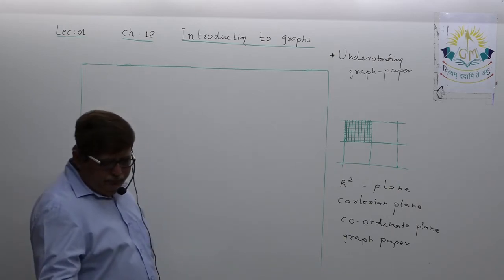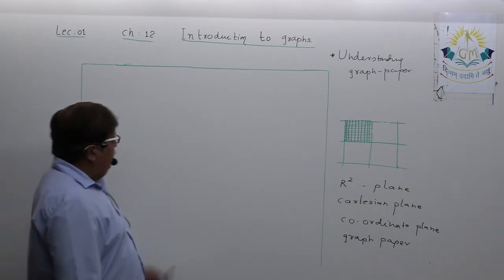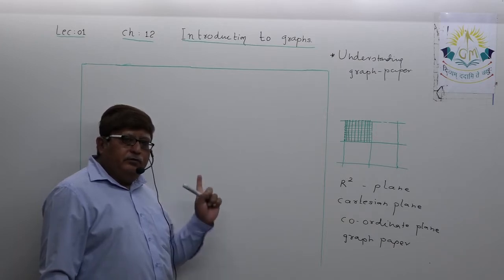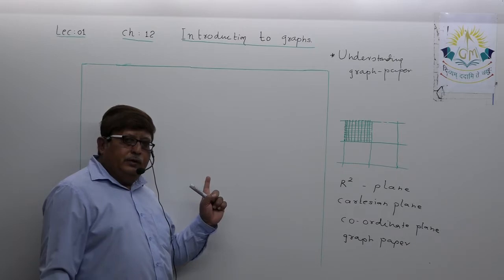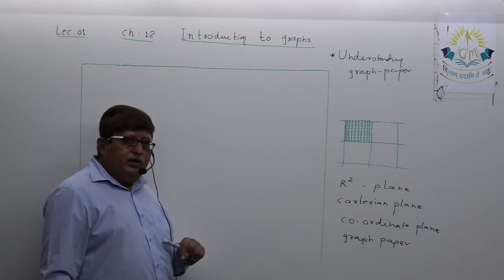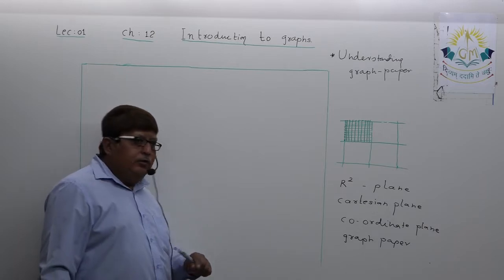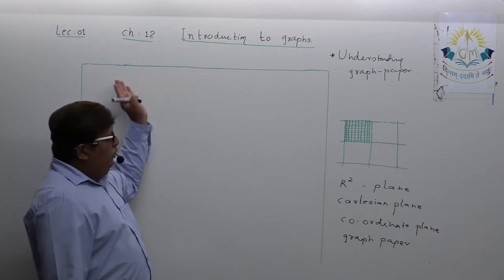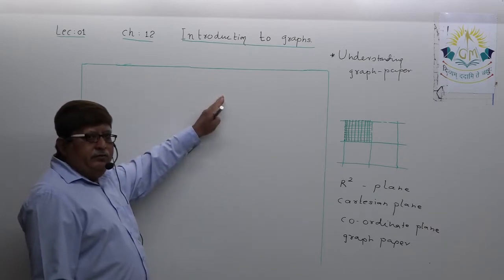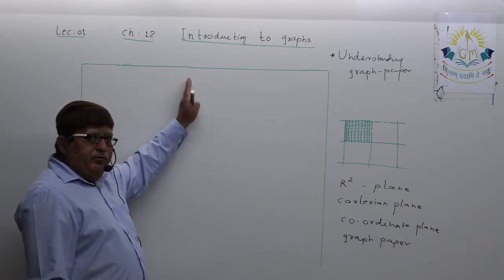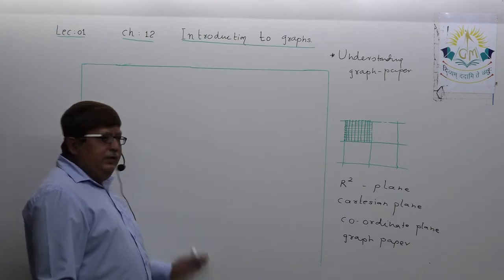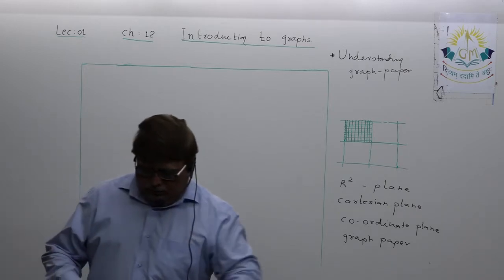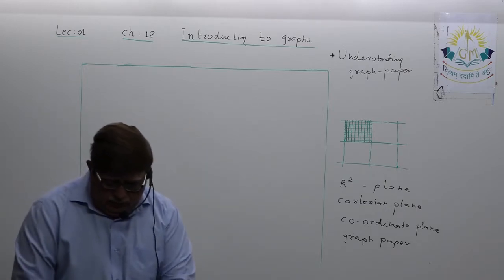Now first, what we are going to do, we are going to divide this graph paper into four parts by drawing arbitrarily in the middle. You do not have to go on counting the lines. Understand? Into four parts by drawing one vertical line and one horizontal line. Okay, dear student? So please, first you select.